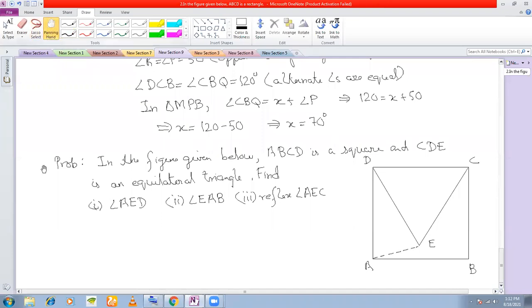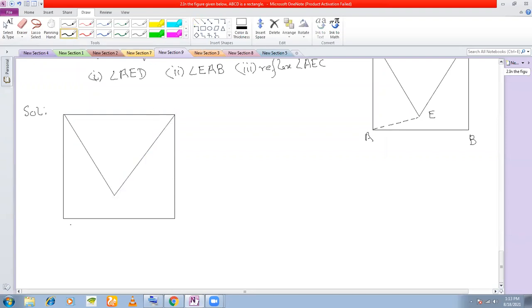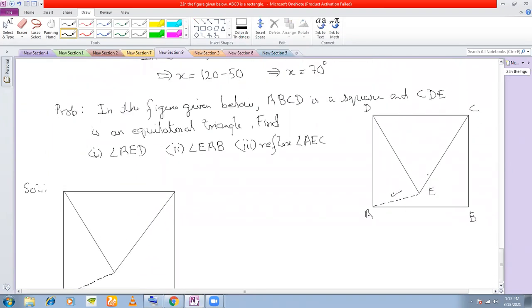Okay, this is the figure given. Now, a very important thing to note here is that this line and this line are not the same straight line, right?